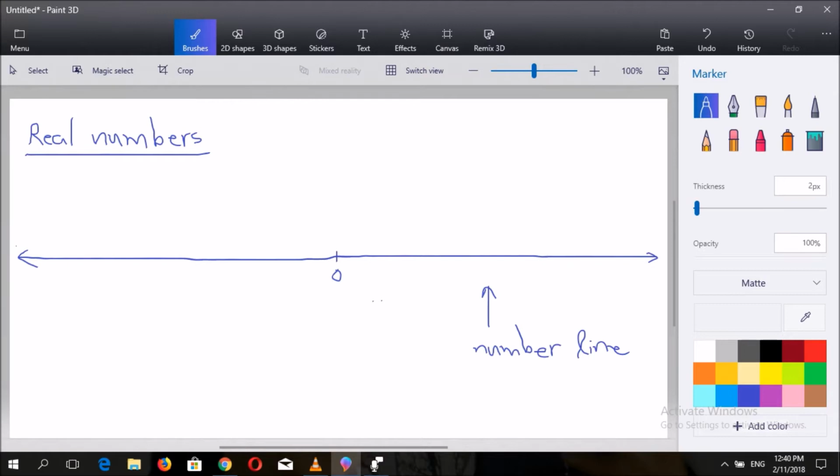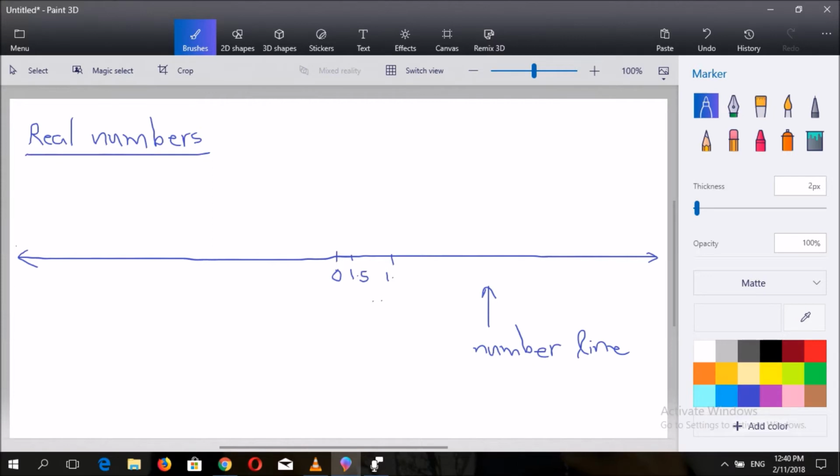So we have a horizontal line called a number line. The number line is actually used to represent the set of all real numbers in mathematics.